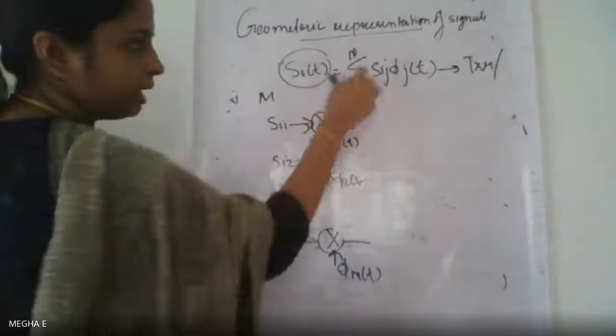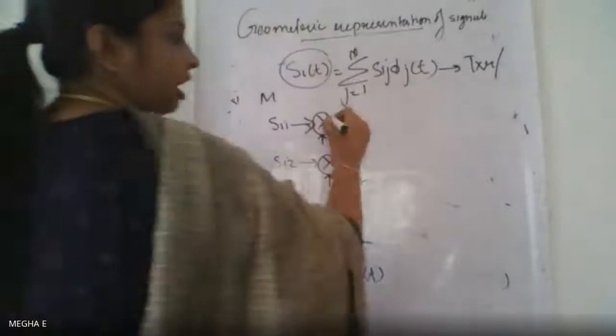ഇനി നമ്മൾ ഈ സമ്മേഷൻ പാർട്ടിലാണ്. ഈ പ്രൊഡക്റ്റ് മോഡുലേറ്ററിന്റെ ഔട്ട്പുട്ട് ഇസ് ഗിവൺ ടു എ സമ്മർ.